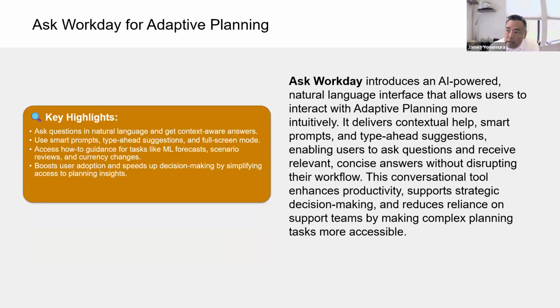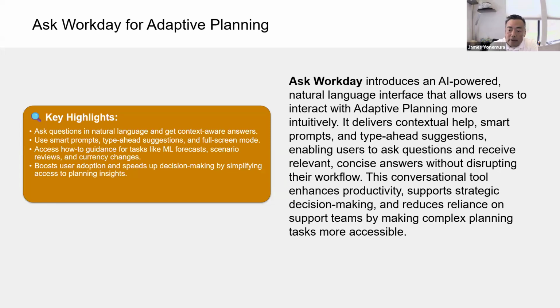Okay, next one. Going along with AI and what they've been doing over the last 2 or 3 years, this is something that's new on the Adaptive side. It's called Ask Workday. This is sort of like a chat feature. I would consider this, at least based on what it's explaining, a very light version of an AI chat, like a light ChatGPT.